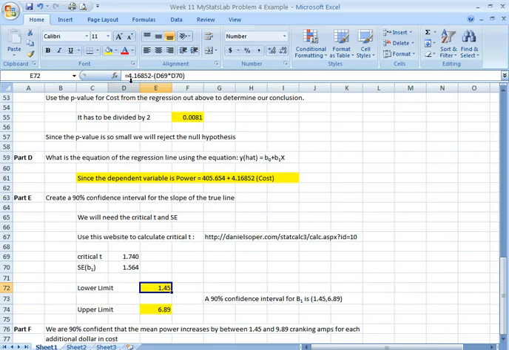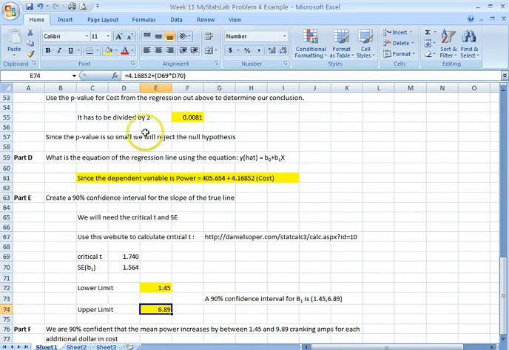Now with those two pieces, we can go ahead and calculate our confidence interval, our lower limit, as you see in our formula here, again using 4.16852 minus our critical t times our standard error, and we get our lower limit of 1.45.